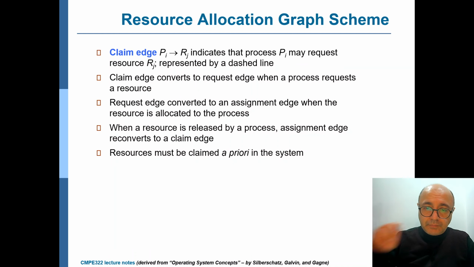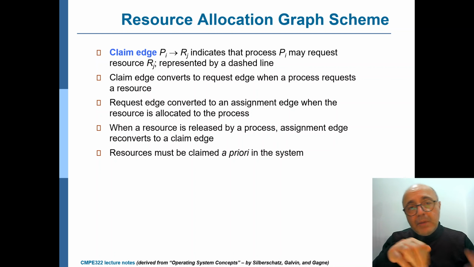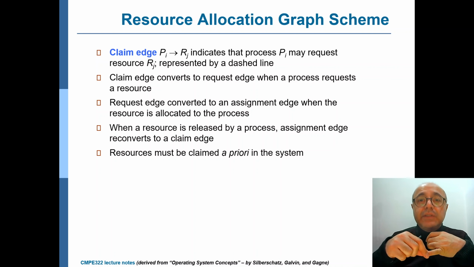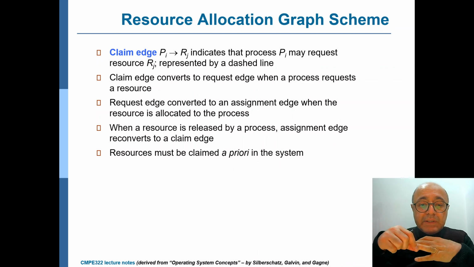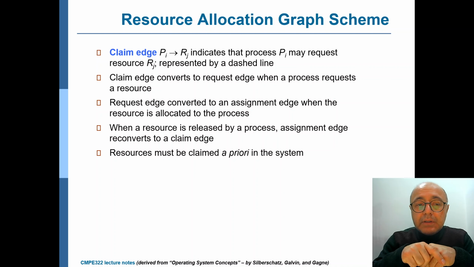So first, let's talk about the resource allocation graph. In the resource allocation graph scheme, remember we had the request edges and the assignment edges. Now we add yet another type of edge.